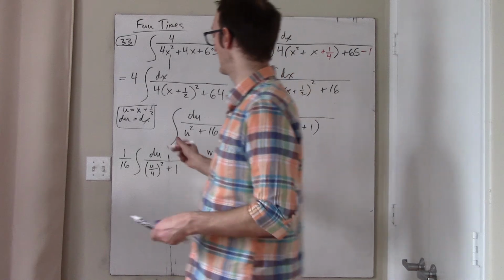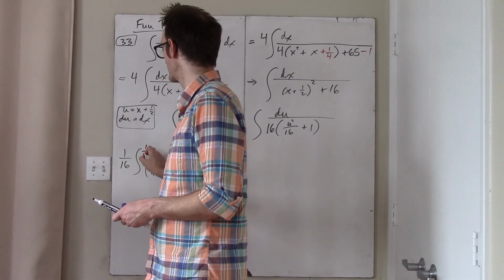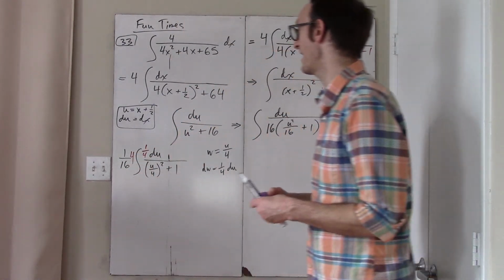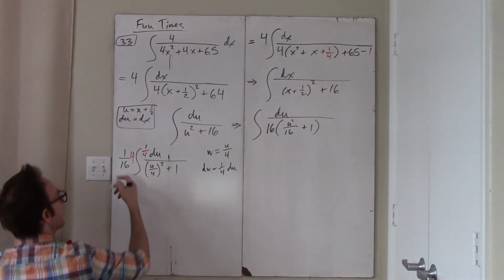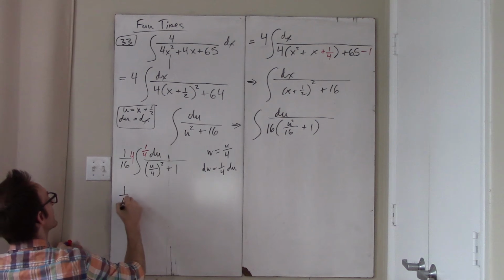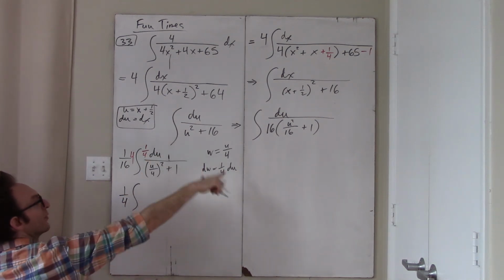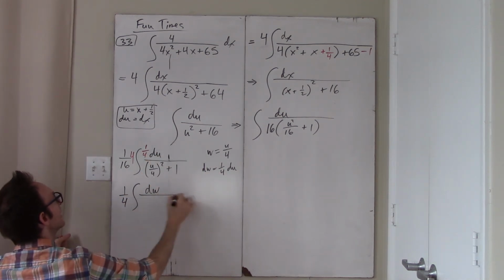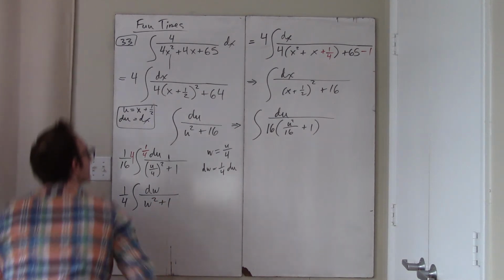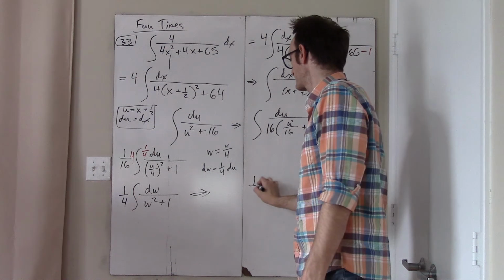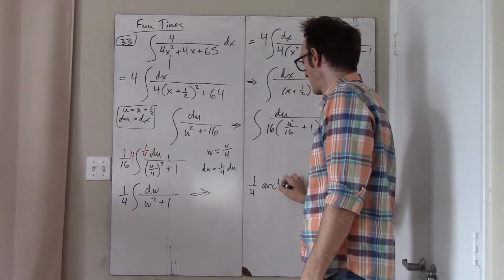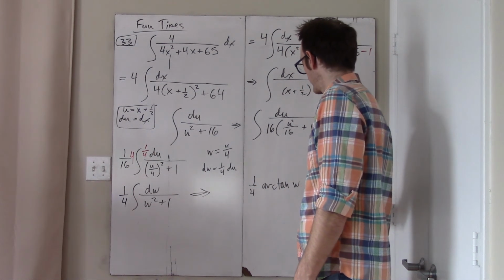I need a 1/4 in there, so I stick in the 1/4, put a 4 on the outside, and then this becomes 1/4 times the antiderivative of dw over w squared plus 1. That I know to be arctan. So this is 1/4 arctan w plus c.